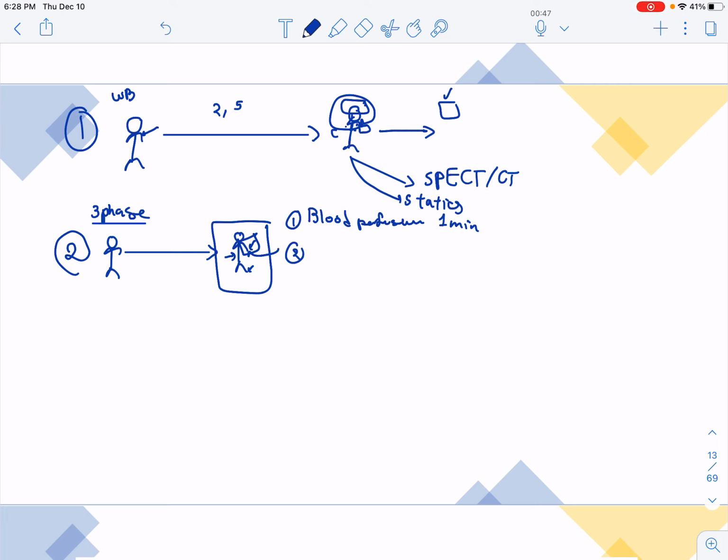That's what we detect in the second phase, which is called blood pooling or blood pool.